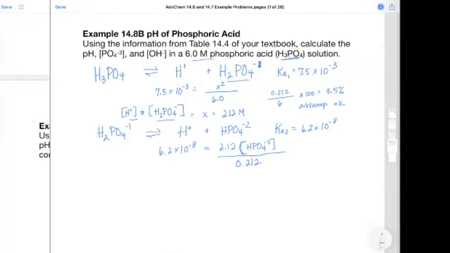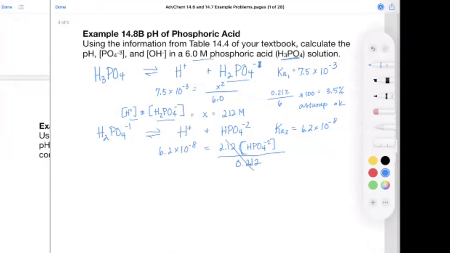We know the reactants, H2PO4 minus, the dihydrogen phosphate. So again, we have a mathematical, oops, I wrote that wrong. It should be 2.12.